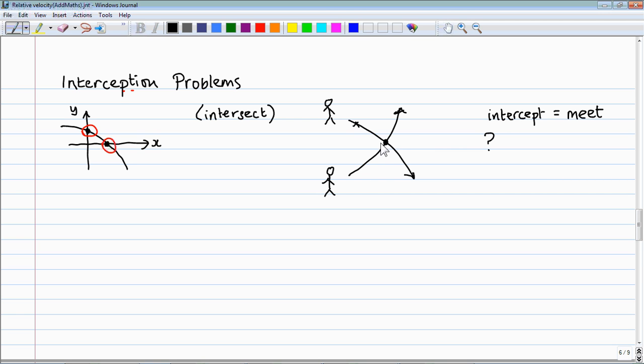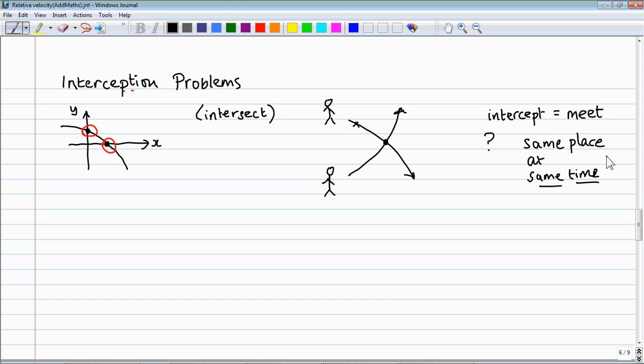So the question of whether two people or two objects intercept or meet does not only depend on the path that they travel, but also on the timing. So interception means same place at same time. And this is going to be very important, because in order to solve interception problems you have to use the fact that you have the same time and the same place. So in a way you have two bits of information, not one.